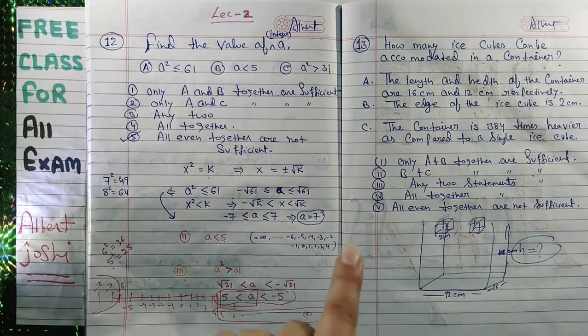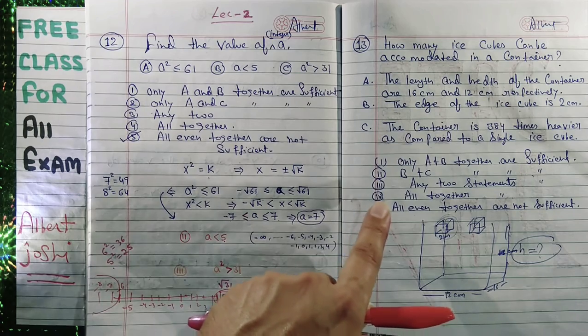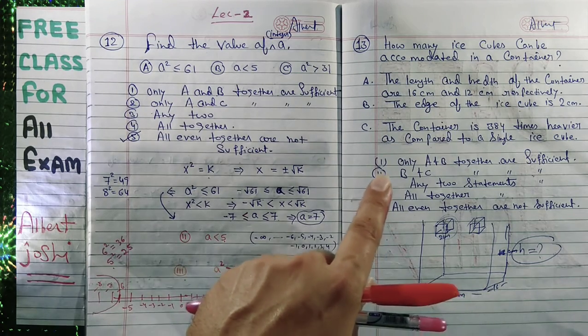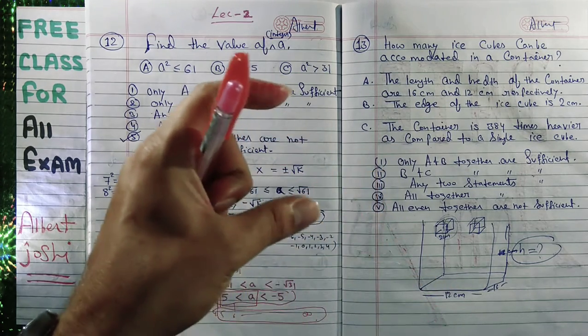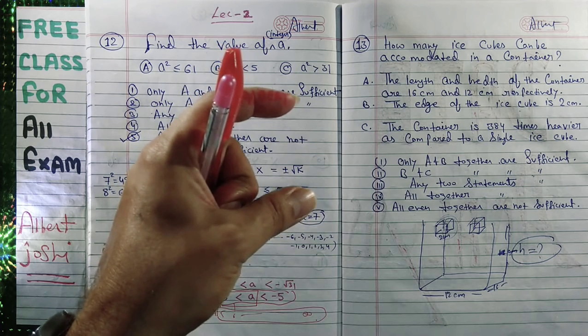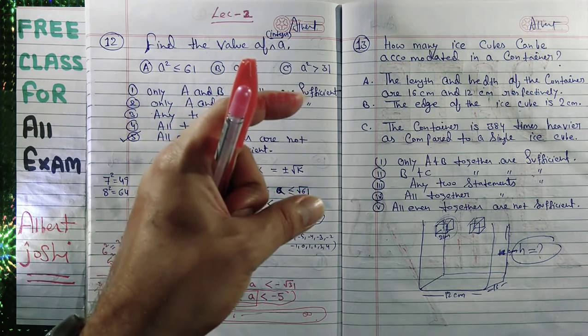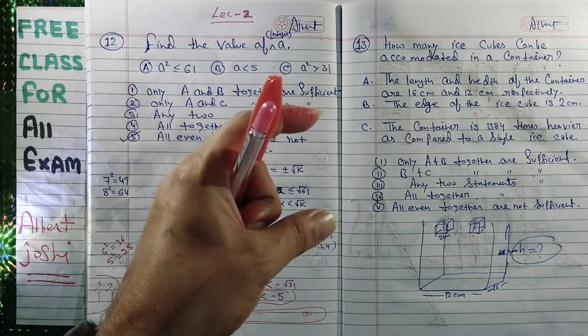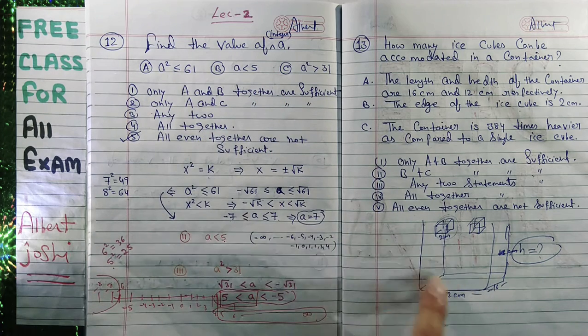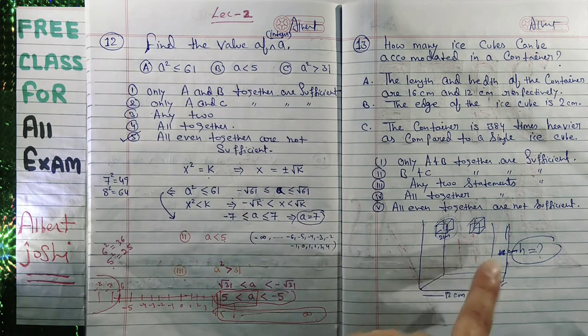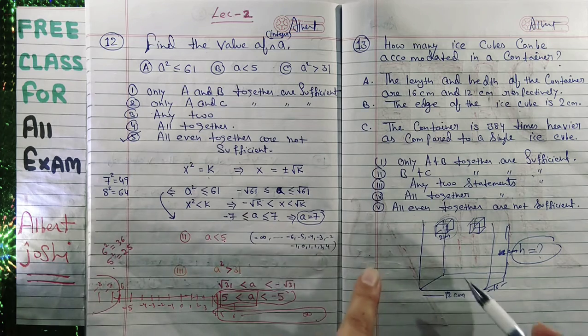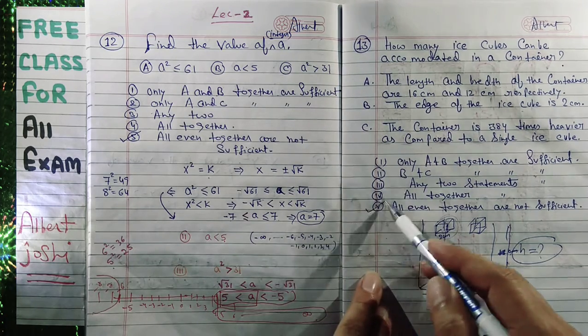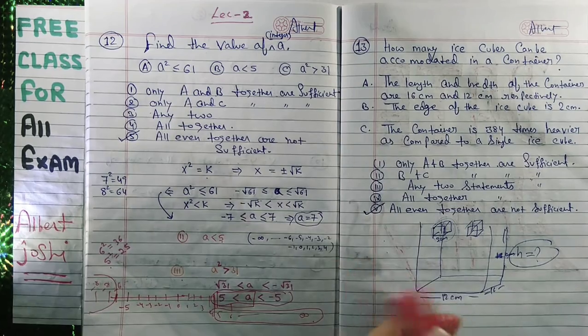So this is not sufficient information regarding the height of the container, so the volume of the container and consequently the number of ice cubes cannot be determined. Because we don't know the volume of this container, we cannot find it. So in this condition we can say this will be the correct answer.